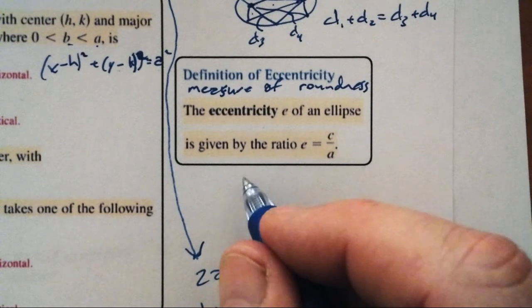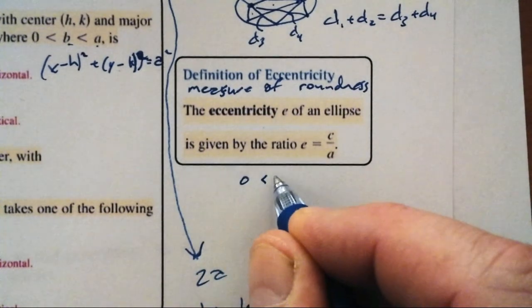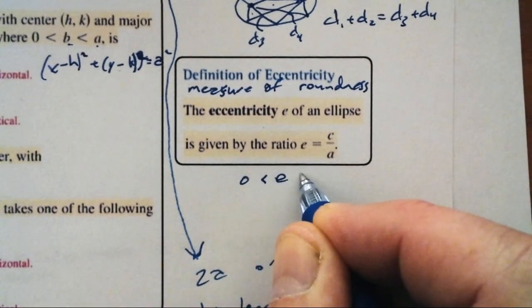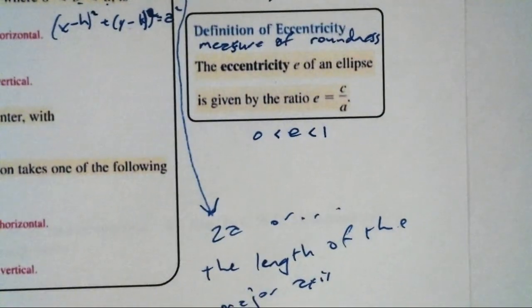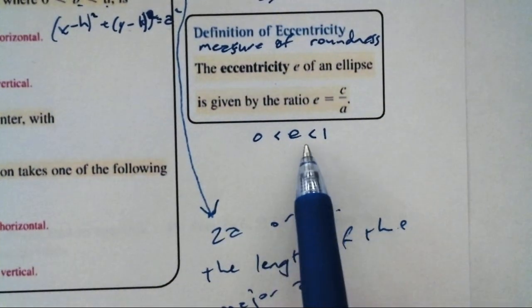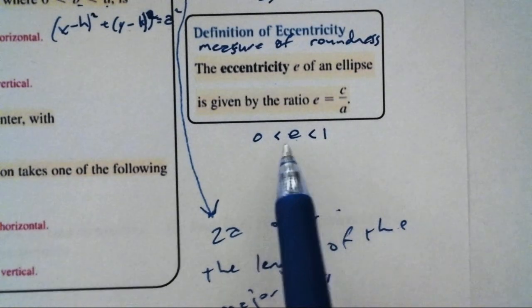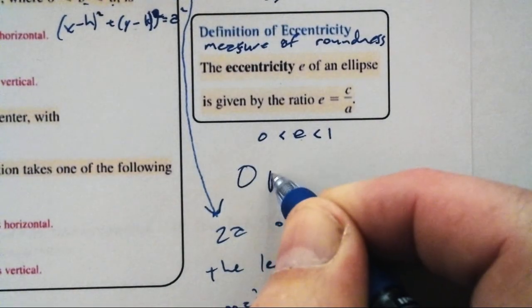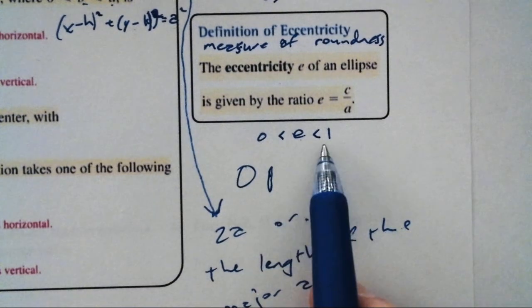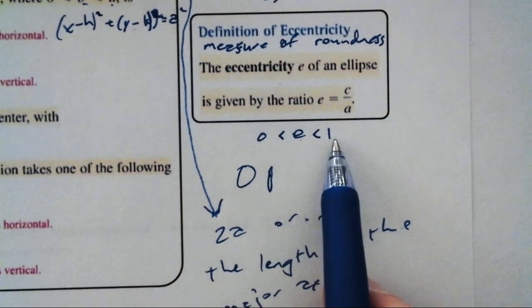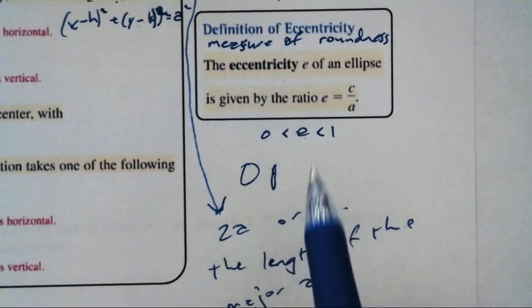So if A is bigger than C, that means that 0 is less than E, the eccentricity, is less than 1. So one of those must be really round. Like if the eccentricity was close to 0, it's either a really round or really flat ellipse, and the other end must be the opposite.